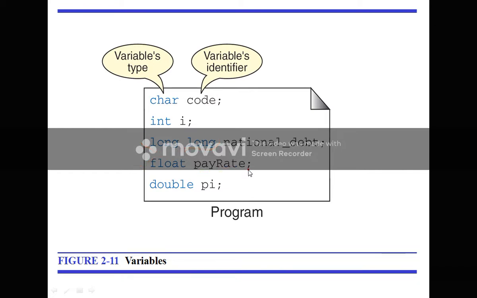To store that decimal value, here we are using the float data type. Next is double pi. All of you know that pi has a value 3.14. So that value is a decimal or point value. To store that type of value we are using the double data type.